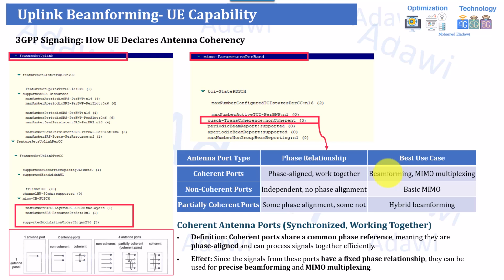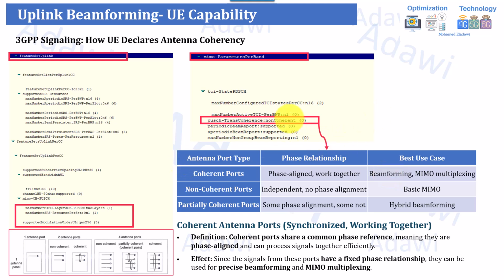You can do insight in your network to check the capabilities of the devices, to find out how many devices support full coherent, non-coherent, or even partial coherent. And partial coherent is only for 4-port capable users. For 1 and 2 ports, only full coherent or non-coherent is supported.